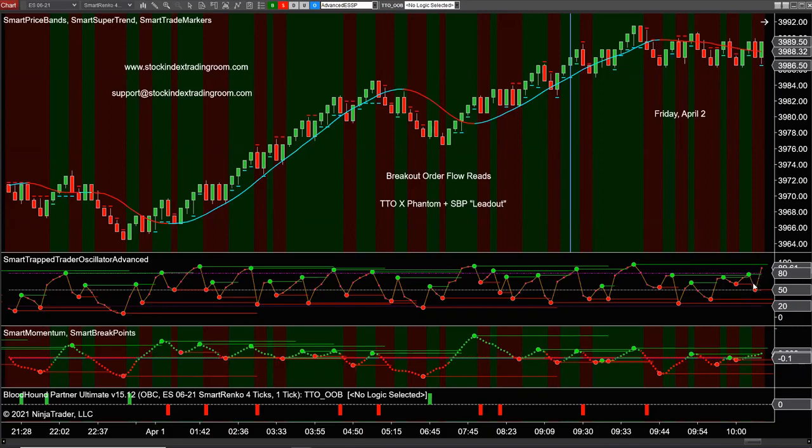We call this pattern, because it breaks both a red and a green at the same time, a Santa Claus, because it's a lot easier to say that than, hey, we've got an engulfing double smart breakpoint lead out, and by the time we get all of that out, it's gone sometimes. So what we're looking at simply is we break this little red and green line at the same time. Okay, that's how we use smart breakpoint lead outs to look at order flow.